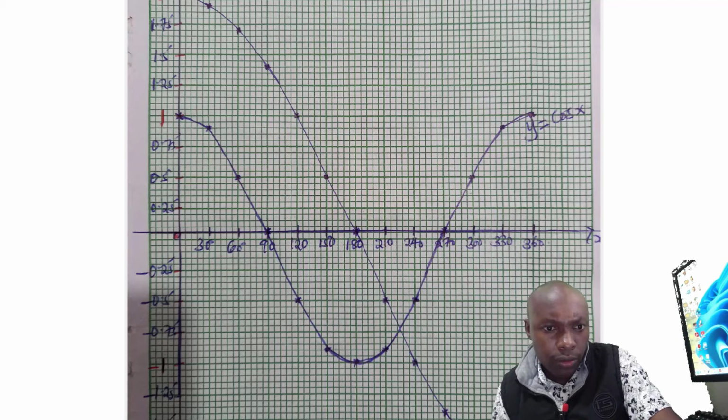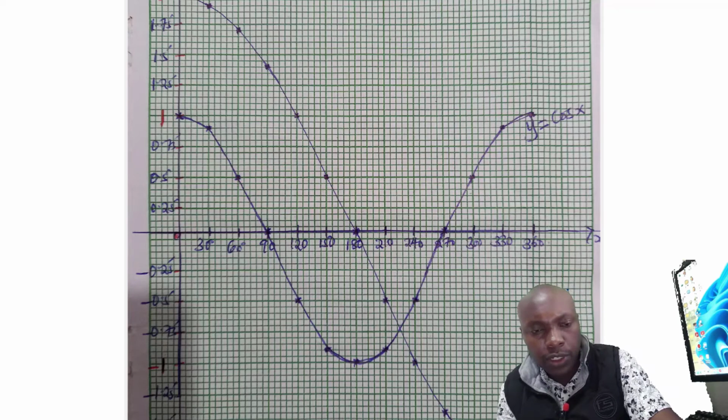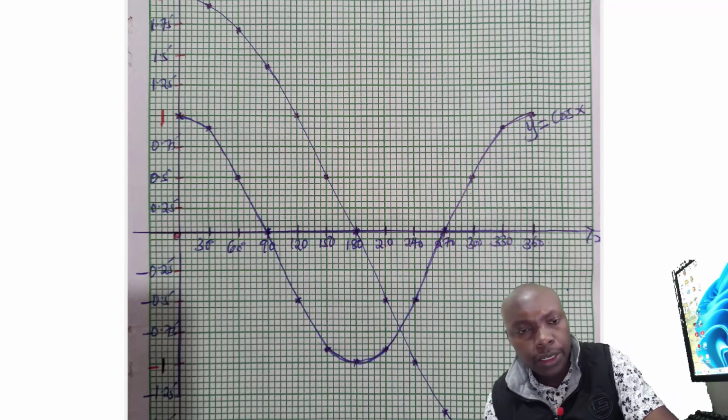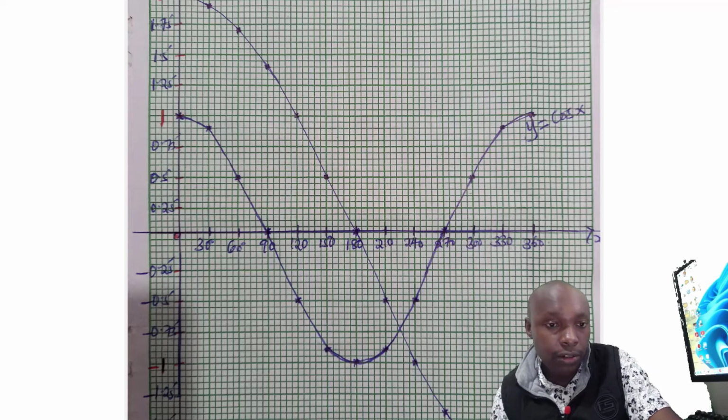After a keen look at these two, you would notice that on the y-axis the curve is moved from 1 to 2, and then on the x-axis you'll notice that there is a movement parallel to the x-axis. So there is a movement both in the y and in the x-axis. You think of which kind of transformation that can be, and you'll notice that this one is definitely a stretch. A stretch in both axes.